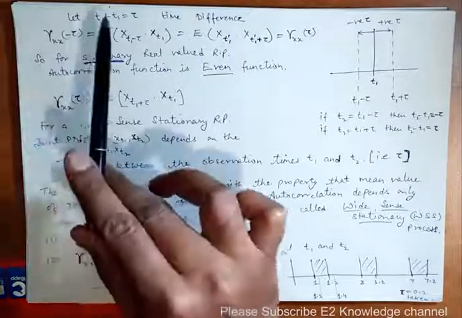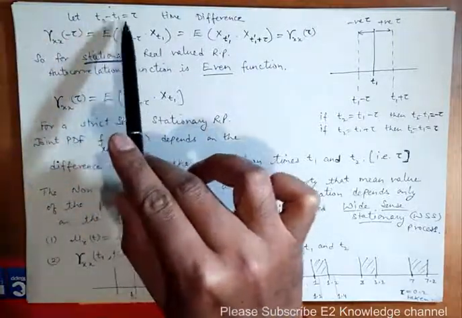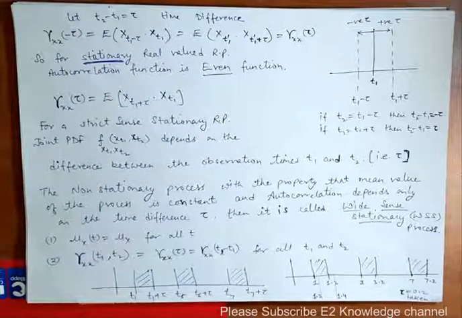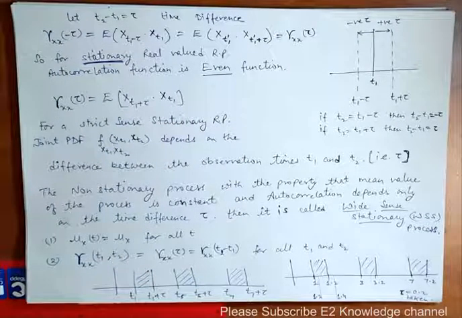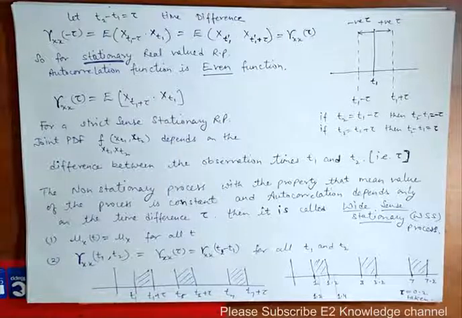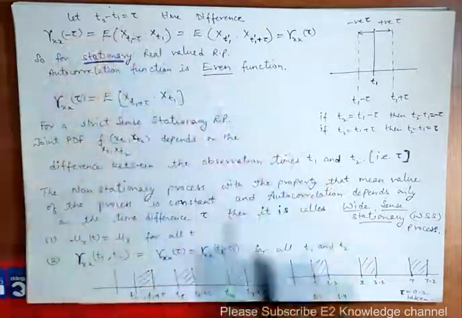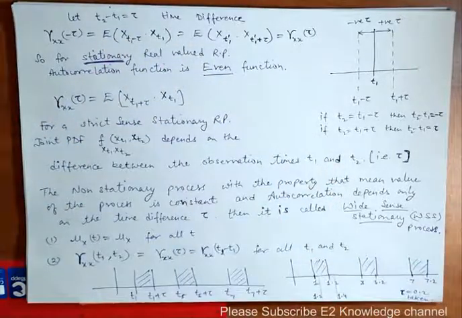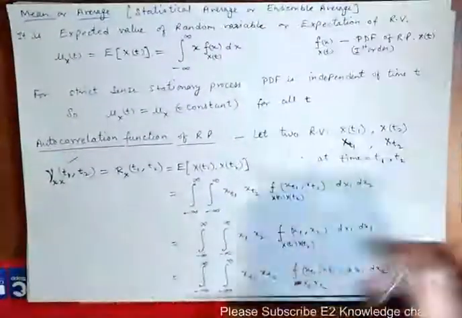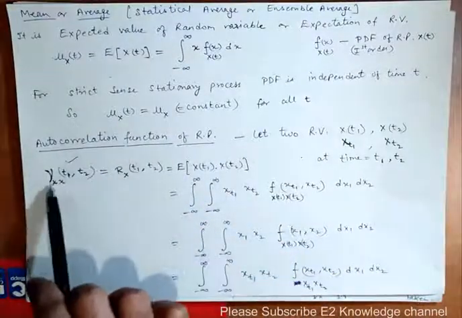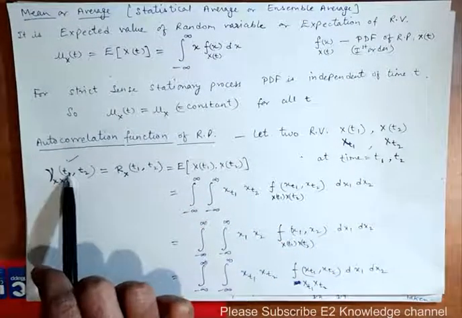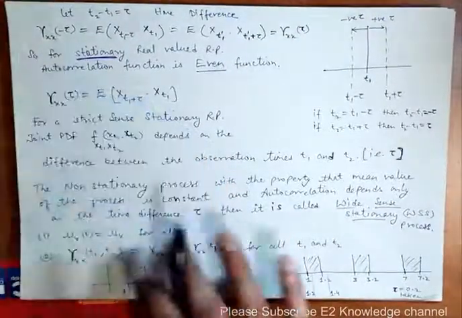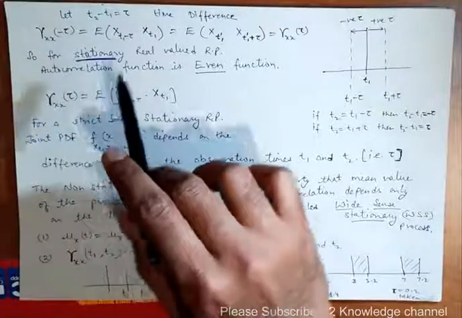Now let the time difference t2 minus t1 equal tau. We have taken the time difference of the same random process, having two random variables at different time instants, where t2 minus t1 is equal to tau, the time difference. So the same expression can be written as gamma x(t2 minus t1), that is tau, or t1 minus t2.